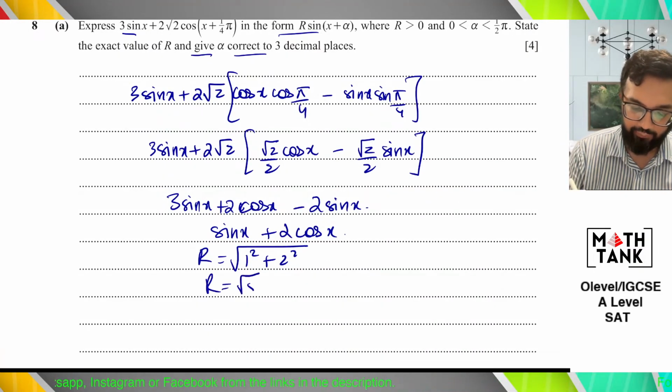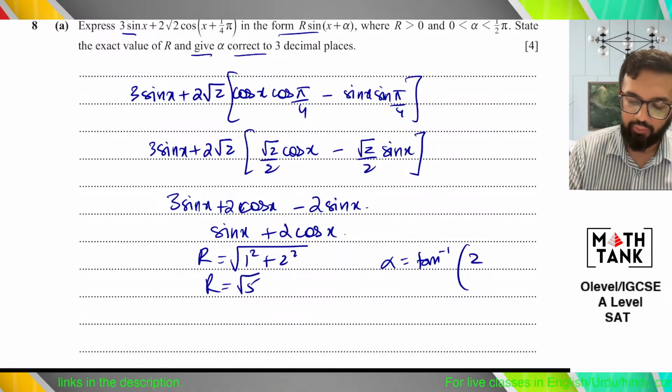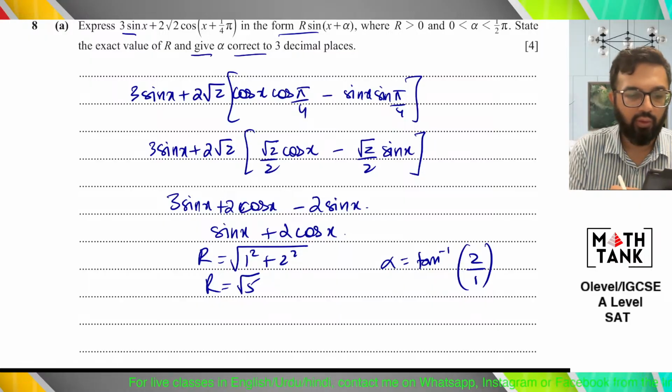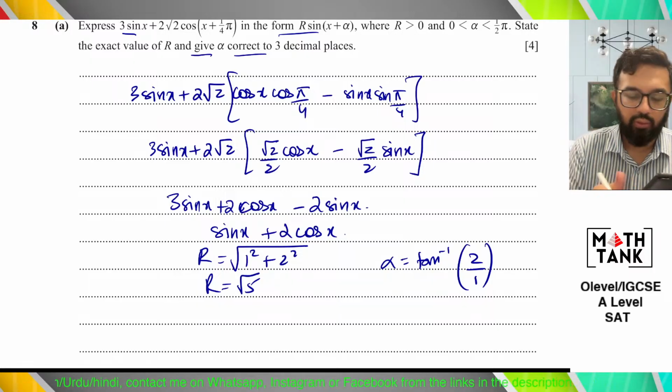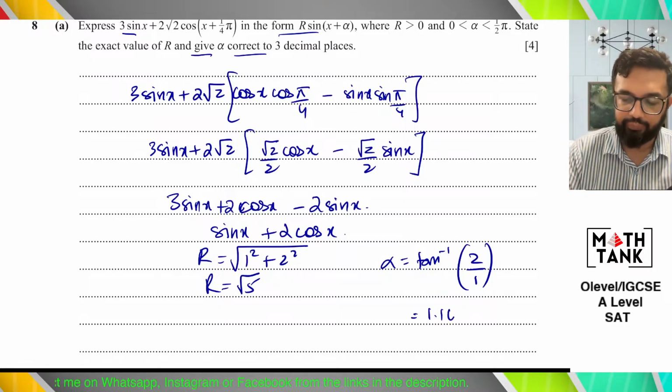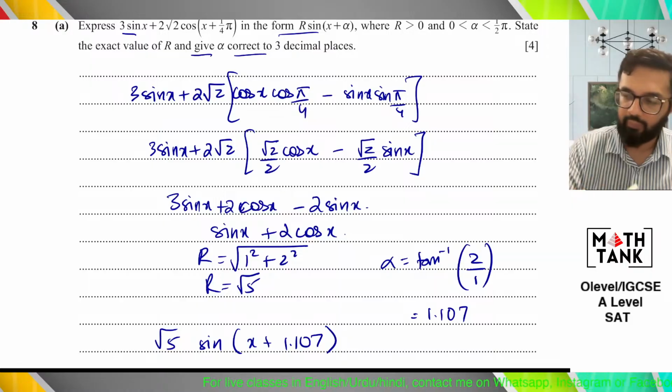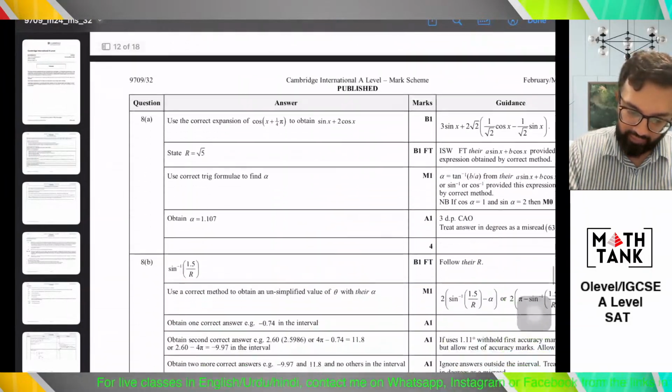R comes out as root 5 and alpha बनता है tan inverse of B over A, so 2 over 1, tan inverse of 2 in radians. 1.107. Okay, so ये express हो गया, ये हो गया root 5 sin x plus 1.107. Okay, I hope that's the correct answer.